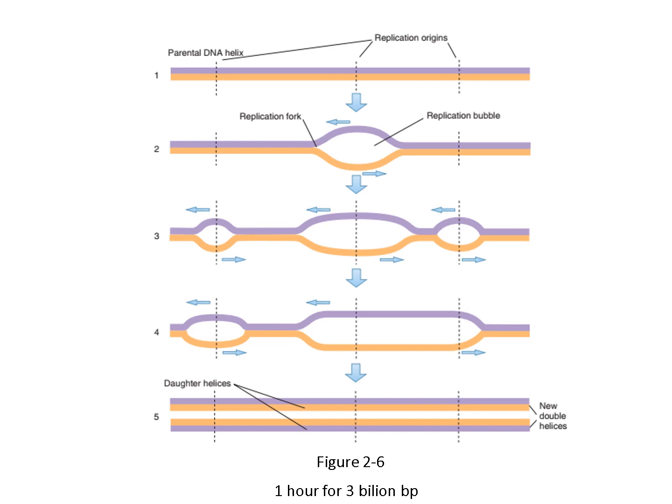I mean, replication does not only happen in one place on the strand of DNA. It occurs at multiple sites, a lot of sites in the chromosome, to speed up DNA replication.